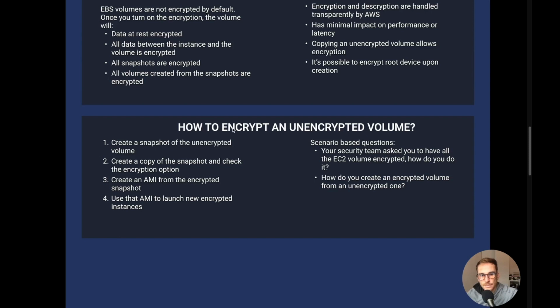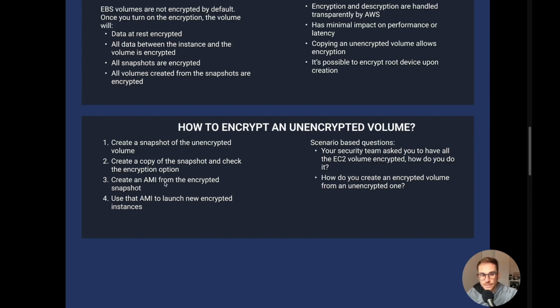In order to encrypt an unencrypted volume, you need to do these 4 steps. So create a snapshot of the unencrypted volume. Then you create a copy of the snapshot and check for the encryption option. Once you have encrypted the snapshot, you create an AMI from the encrypted snapshot, and then you can use the AMI to launch the new encrypted instances.